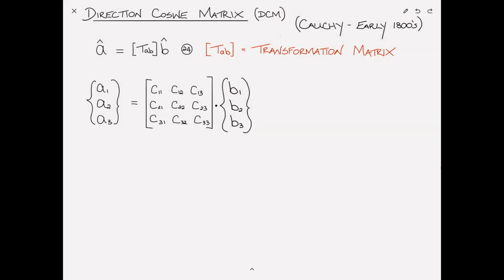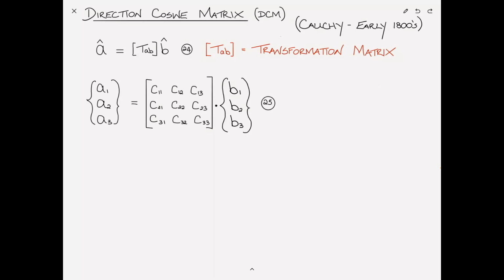So the lowercase t's from the previous section, the Tijs, are exactly what I'm calling Cij in this section. In the previous section, I called them t's because I talked about a transformation matrix. Now I'm talking about a direction cosine matrix, so I've called them C. But please don't be confused about that. You should be equally comfortable regardless of what I call them. I just want to make it clear we're talking about the same thing.